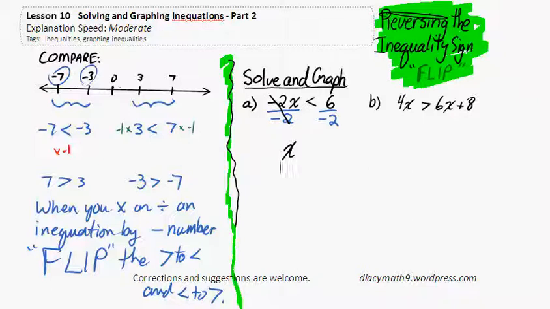On the right, 6 divided by -2 is -3. But I just divided by -2, so flip the sign. In other words, this less than becomes a greater than.